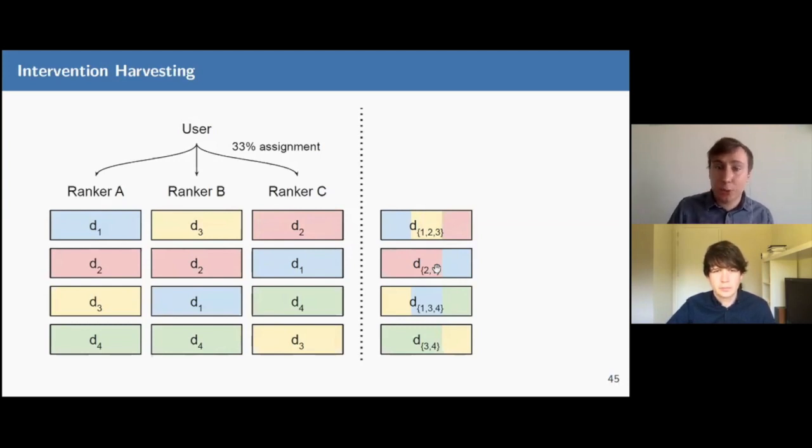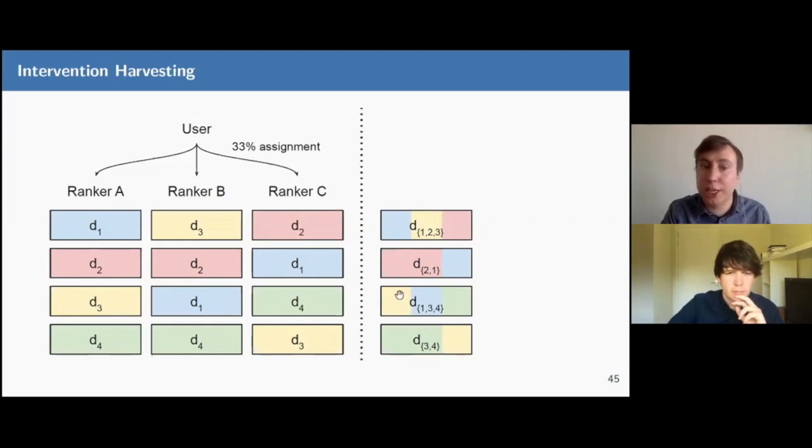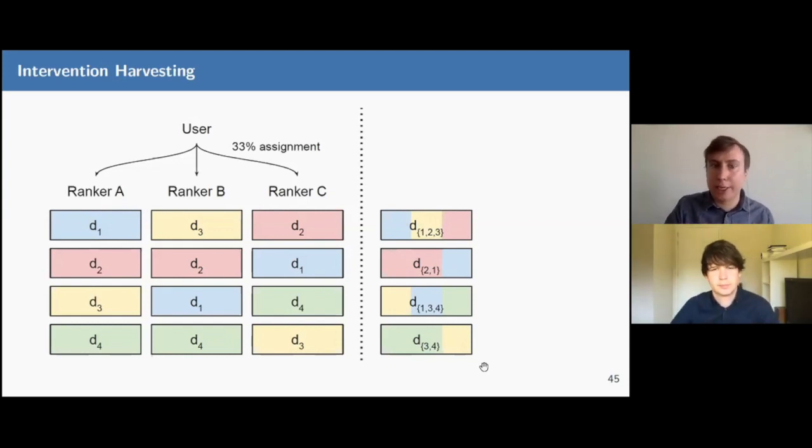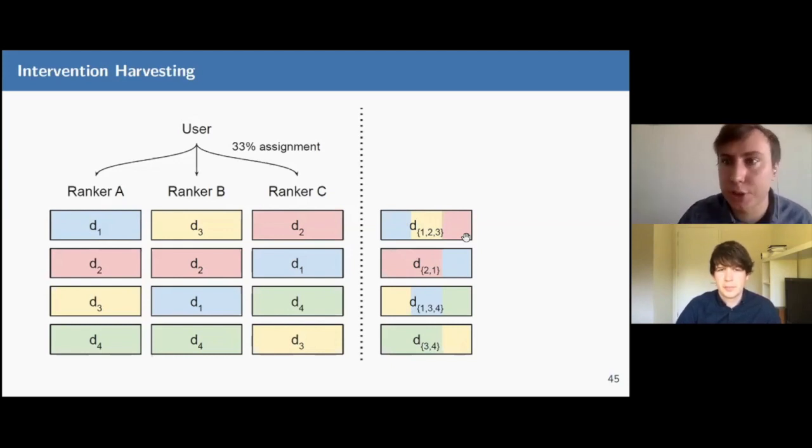And then we can still use these probabilities to infer relative examination probabilities. So we can say something about rank 1 and rank 3 and rank 4 because of this yellow document 3 that appears in all 3 of them. But we have to be careful to account for the fact that there's a slight distribution mismatch that is not uniformly random. So there's an extra probability that you have to account for in intervention harvesting.